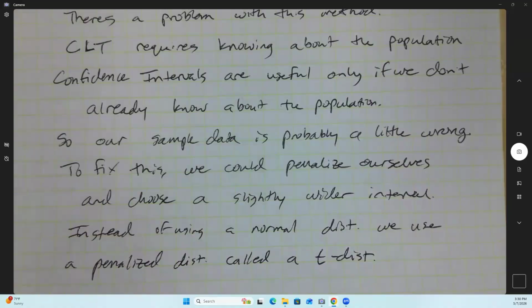The upshot is if you have a small sample, you have to use a wider confidence interval. If you have a big sample, you're so close to the normal distribution anyway, you don't have to really adjust.